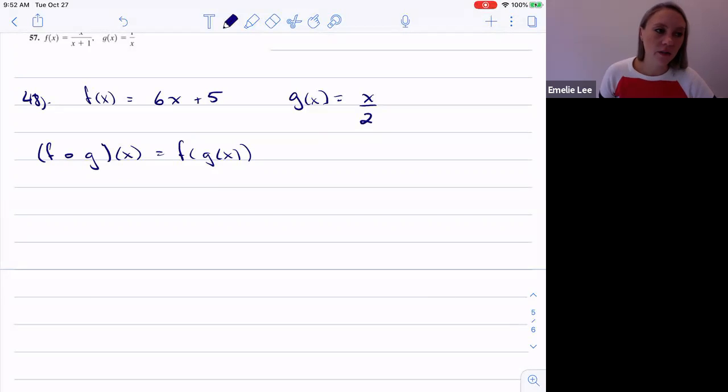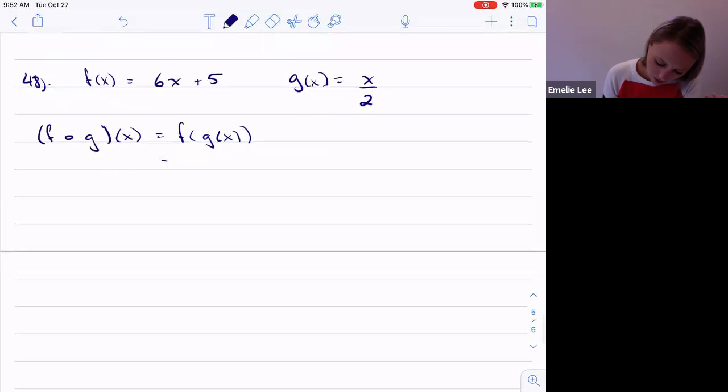And there are two different approaches that you could do, right? You could leave it as g of x, and so just write out f of x, replacing the x's with g of x, or you could just substitute g of x straight into f of x. That's kind of skipping a step, so I'm not going to do that immediately, but if you want to do that, that's totally fine.